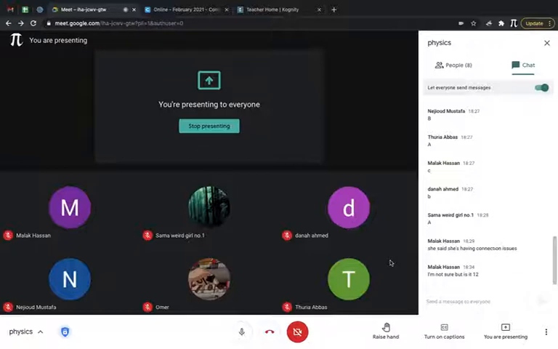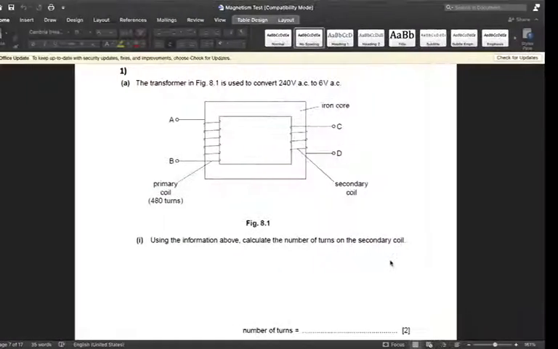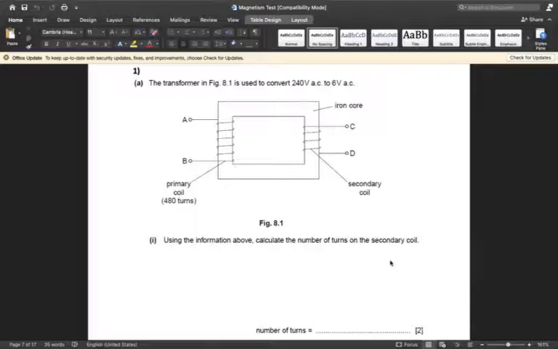Okay, 12. Malak said 12. What about the rest of you? People try to calculate faster. It's a very simple formula that you need to use.